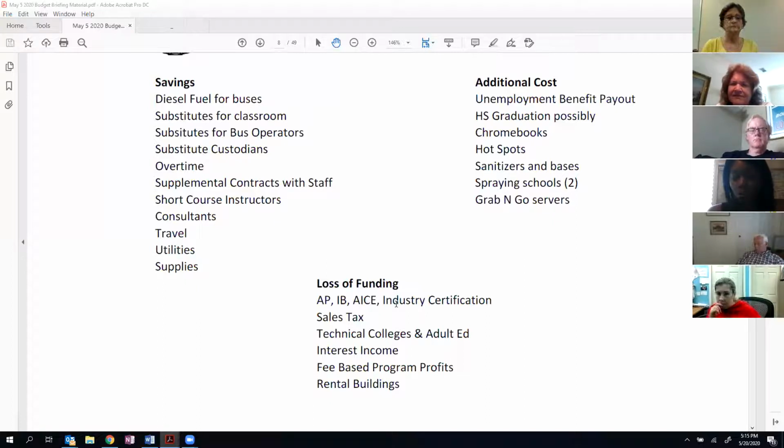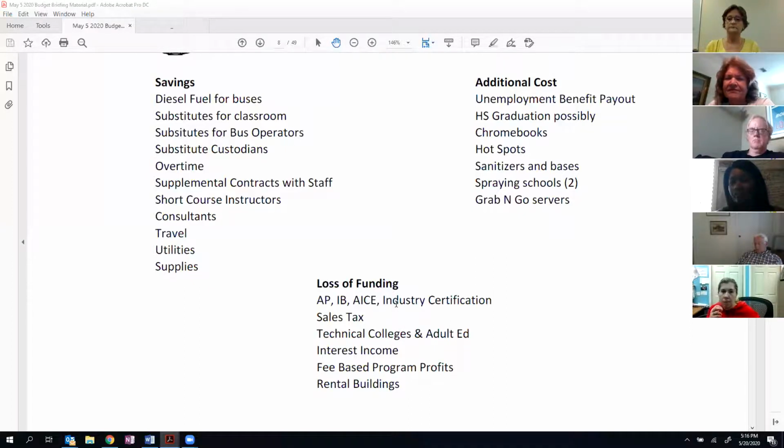At the same time, there's some additional cost that goes along with this COVID-19. So normally our substitutes during the summer aren't eligible for unemployment benefits because there's no accepted guarantee that they would have had a job during the summer. There's not even an opinion that they would have, so they would not have been eligible for unemployment.